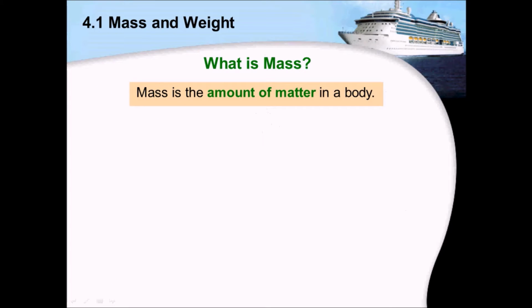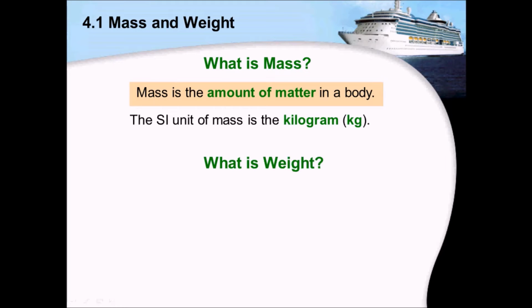For example, if I have an object that has 1,000 atoms and another object with 20,000 atoms, of course the second object will have more mass if the atoms are of the same size. So it is the measure of how much matter is accumulated in the body. If you have more matter, you will have more mass. The SI unit for mass is the kilogram.